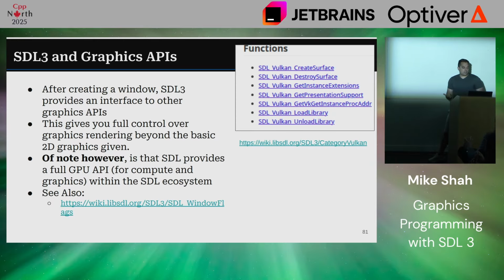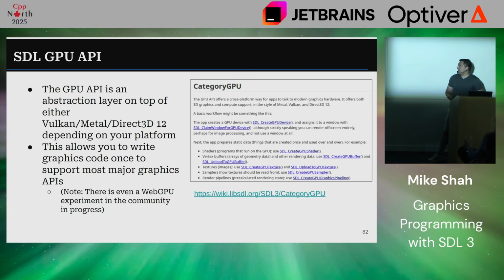But the sort of interesting thing that happened with SDL3 is they said, well, a lot of these graphics APIs, Vulkan, Metal, Direct3D, is anybody writing code in these days? Okay, well, a few folks, yeah. Or experimenting with them, or going through some tutorials.